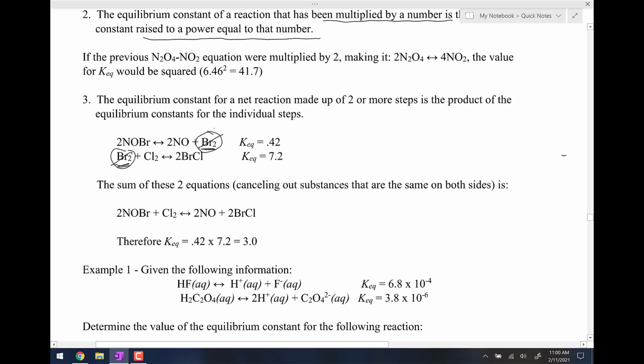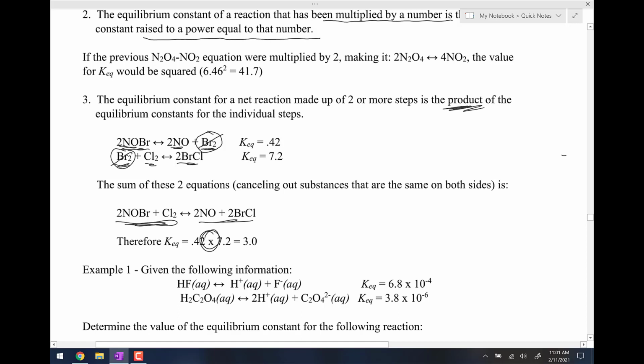The Br2s cancel out. So notice overall we have 2 NOBr and Cl2 on the reactant side, and then we have the 2 NO and the 2 BrCl on the product side. When you add two equations together, what do you do with the equilibrium constants? You multiply them. It is the product of the equilibrium constants.